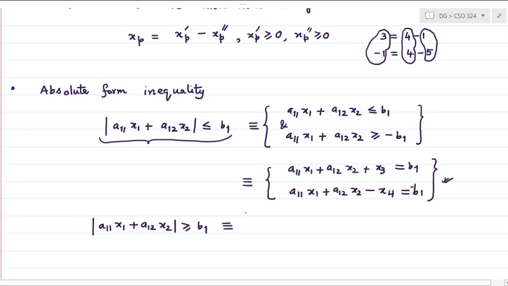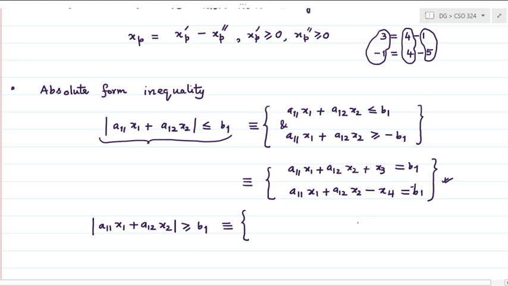And in this case you may feel this is a possible inequality in a linear programming problem, but we note that unless b1 is 0, this region, that means the set of all values x1 x2, for which absolute value of a11x1 plus a12x2 is greater than equals to some non-zero value b1. Obviously b1 has to be positive, so a positive value b1 may be a possible constraint in a linear programming problem, but this is not really so.